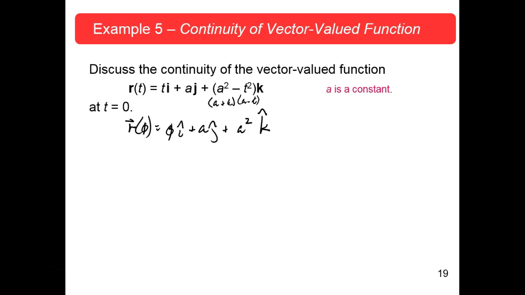So wherever a squared is up here, that would be the point here. If this is a, let's choose this to be a and this to be a squared. So the x component has come in like this. T, if it's decreasing going to 0, it's come in like this.